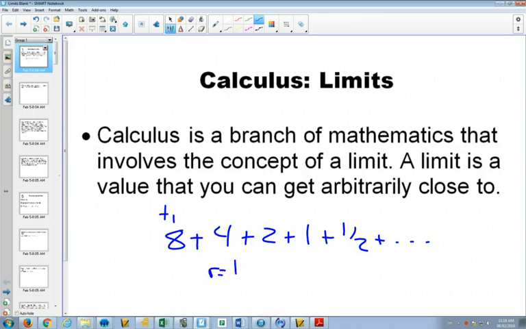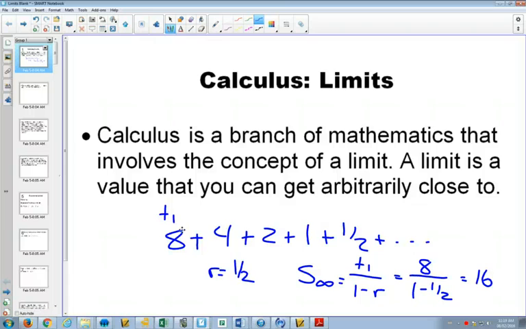We're multiplying by a half, so our R value is a half. And going back to that formula you had back in grade 11, the sum to infinity of a geometric sequence where the R value is less than 1 is term 1 over 1 minus R. And if we put that in, term 1 was 8 and R was a half, we get 16.